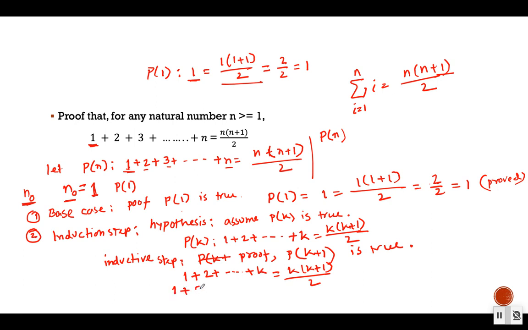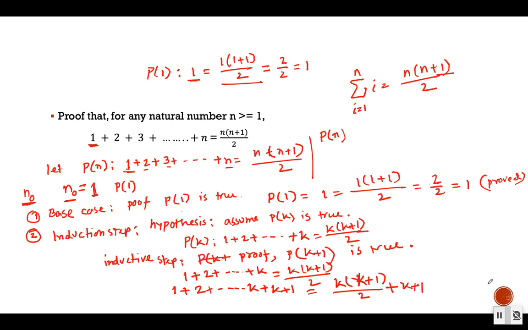So this is going to be k times k plus 1 divided by 2 plus k plus 1.